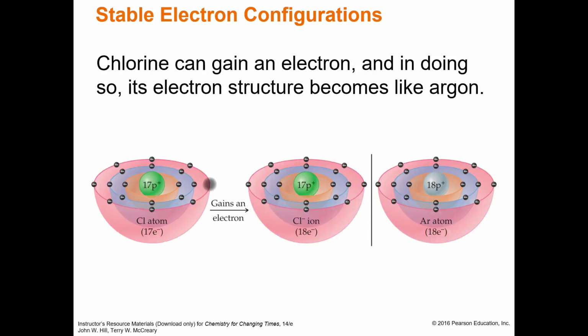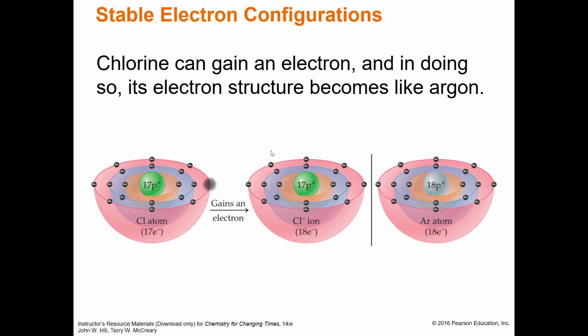Here's an example of a nonmetal, so chlorine. You would expect that chlorine would want one electron, and that's because it wants to have a noble gas-like configuration. And so here we see chlorine, it's one electron short of being like argon. Once it gains an electron in that spot right there, then it's going to be like argon.